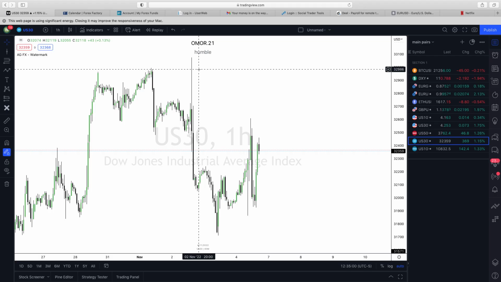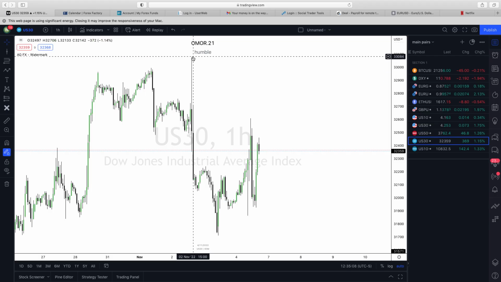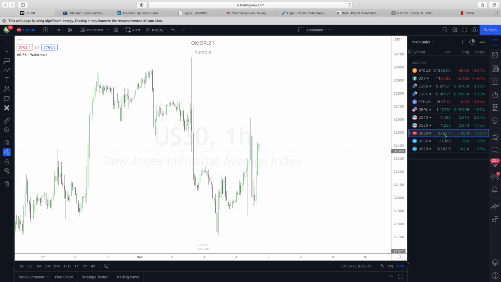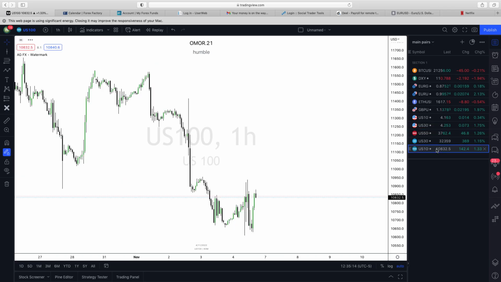Why? Because there has been that run on stops, right? This is the one that they are trying to push down, right? Now, when they have run the buy side liquidity here, it's not shown in US 500 and it's not shown in the US 100. There is a divergence amongst the pairs. Which one are they manipulating? The ones that they're running liquidity, the ones that they are going one way to go to another way.